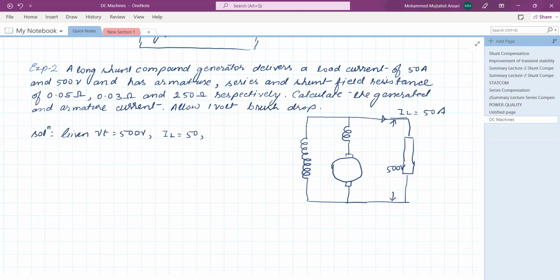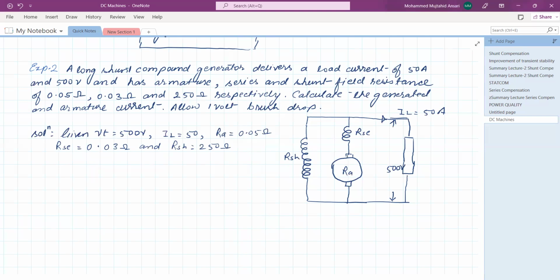So first is the armature resistance, RA, which is 0.05 ohm, whereas the series field resistance, RSE, is 0.03 ohm, and shunt field resistance, RSH, is equal to 250 ohms. So this is your RSH, this is RSE, this is your armature resistance.